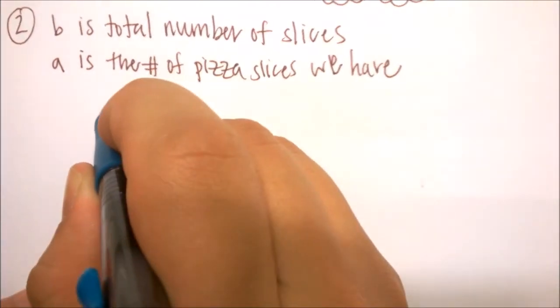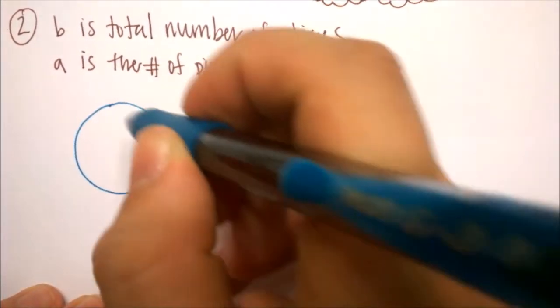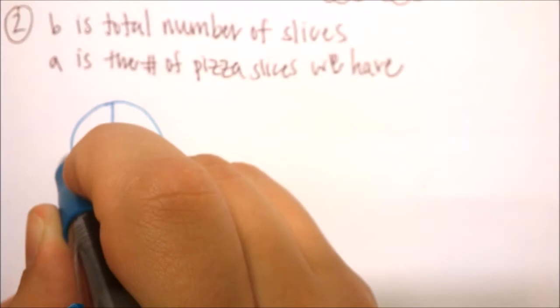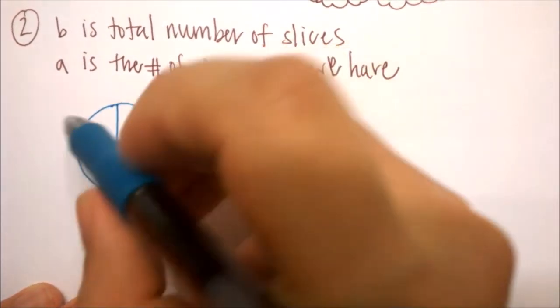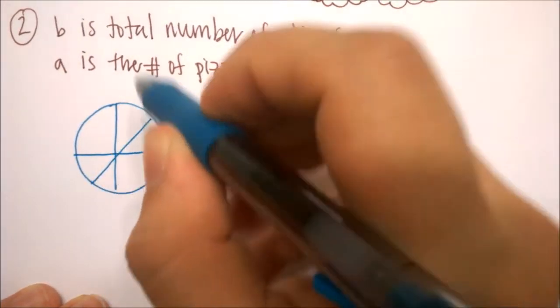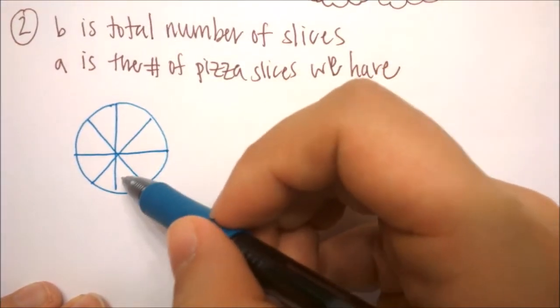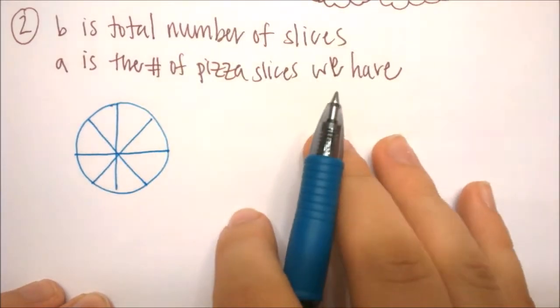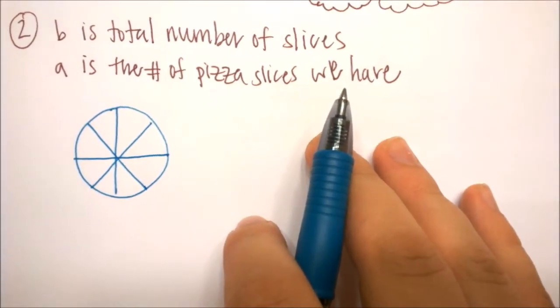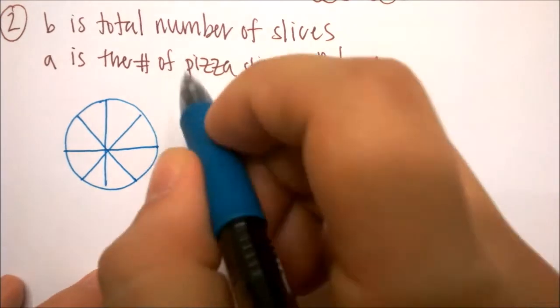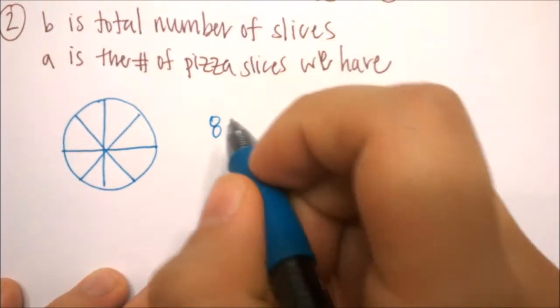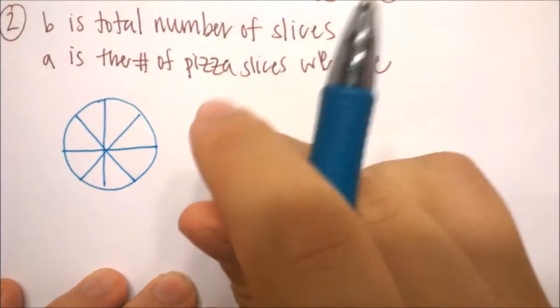Say we have a pizza and we want to divide this into 8 even slices, and that is really horrible, they're not even, but let's pretend that these slices are even. So we have 1, 2, 3, 4, 5, 6, 7, 8 slices. Okay? So we have 8 out of 8 total slices.